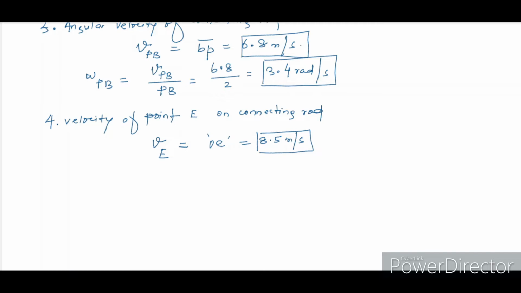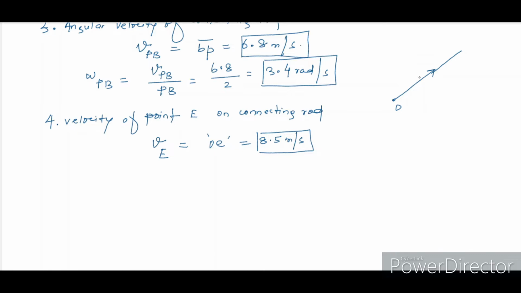So in this case the first step is you choose any reference point O. From that point O, you draw the line representing the point B on the crank, which is perpendicular to the crank.